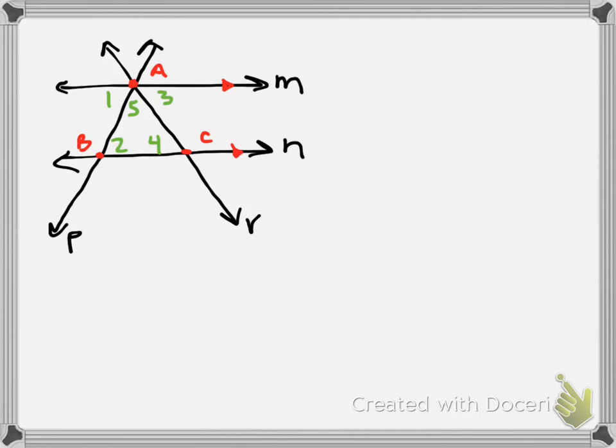Ladies and gentlemen, you got to know the basics. Every day what we talk about needs to stay in that brain for the subsequent days. Okay? What kind of angles are angle 1 and 2? Okay, they're not parallel lines because they're angles.